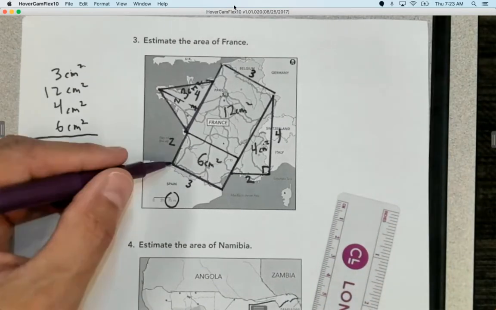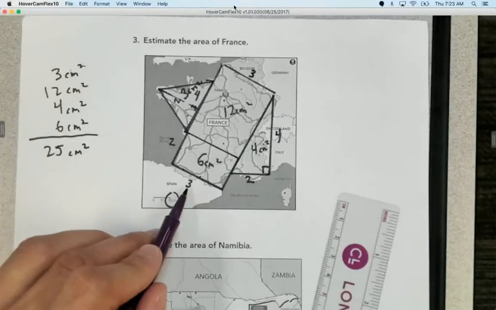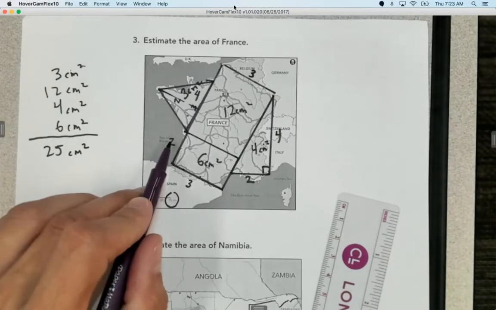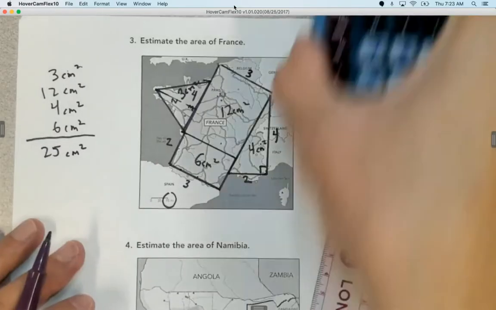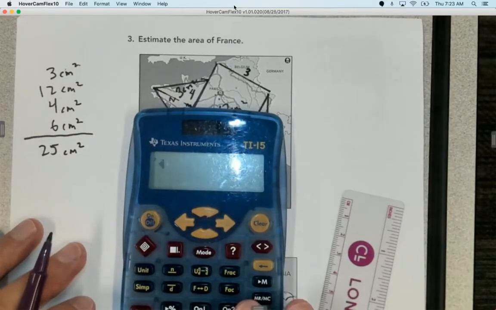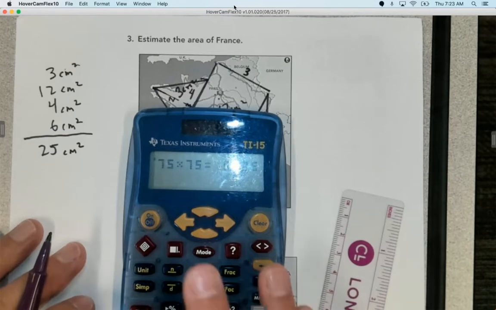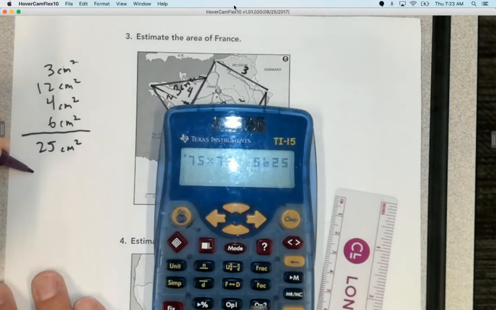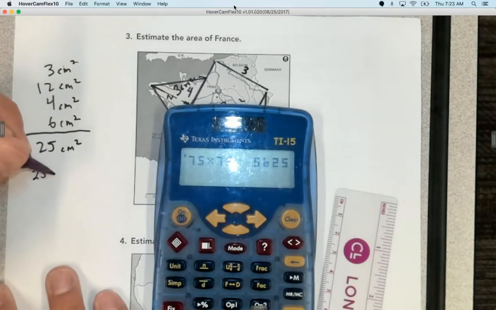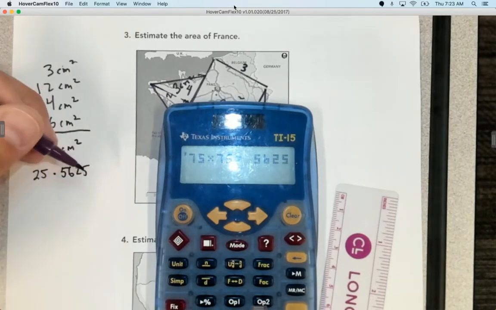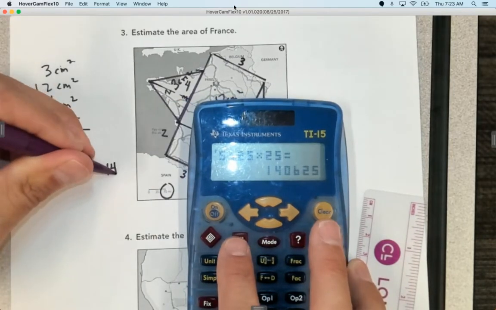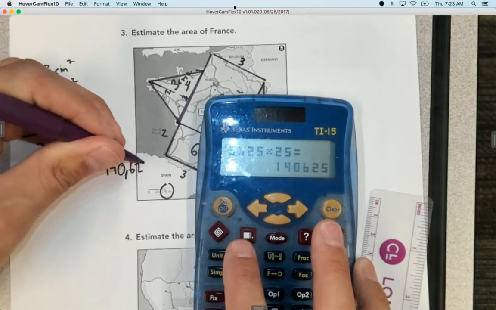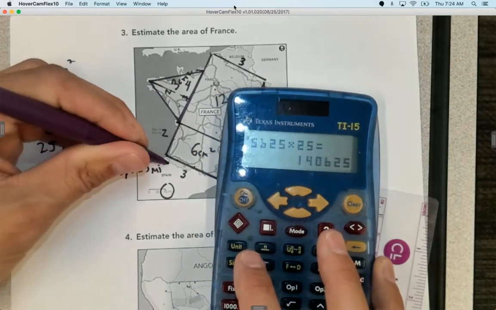And so 75 times 75 is going to be 140,625 miles squared. Okay, so if I convert it, that would be my estimate.